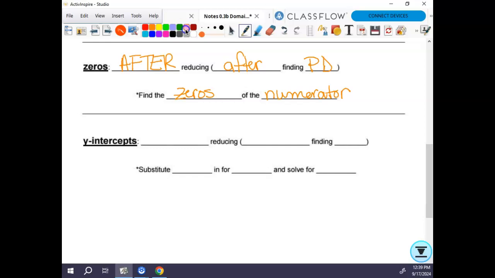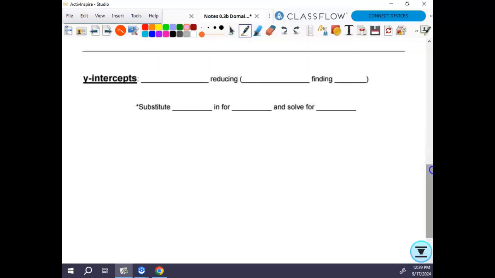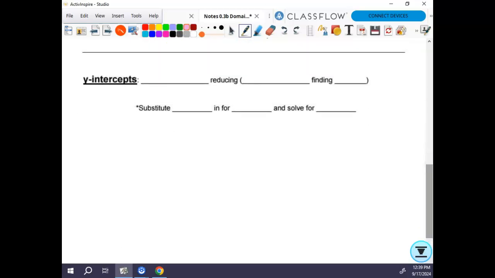All right. Then we have our y-intercepts. We've been finding y-intercepts forever. We're going to do this after reducing. Technically, you could do it before reducing, but it makes it easier if you do it after reducing, and you're going to have to reduce anyway. So after finding point discontinuity, and a y-intercept occurs when? When it crosses the y-axis, and when what is what?